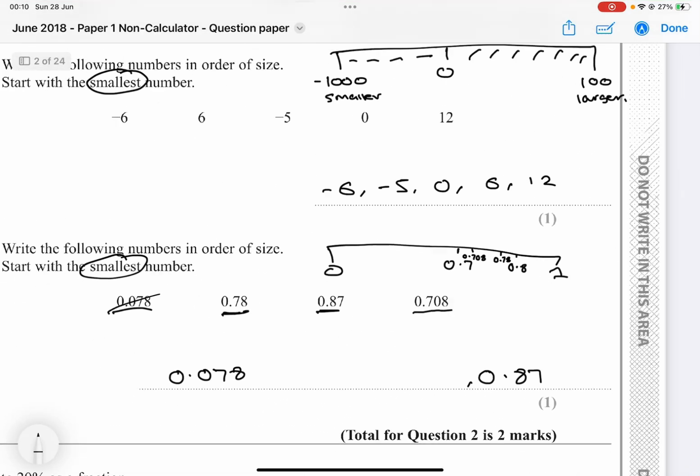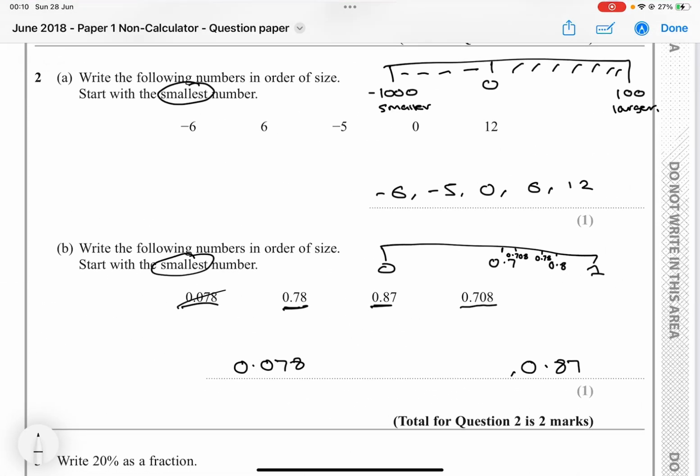So we can clearly see that 0.78 is greater than 0.708. So it will be 0.708 and then 0.78, and that is question 2.